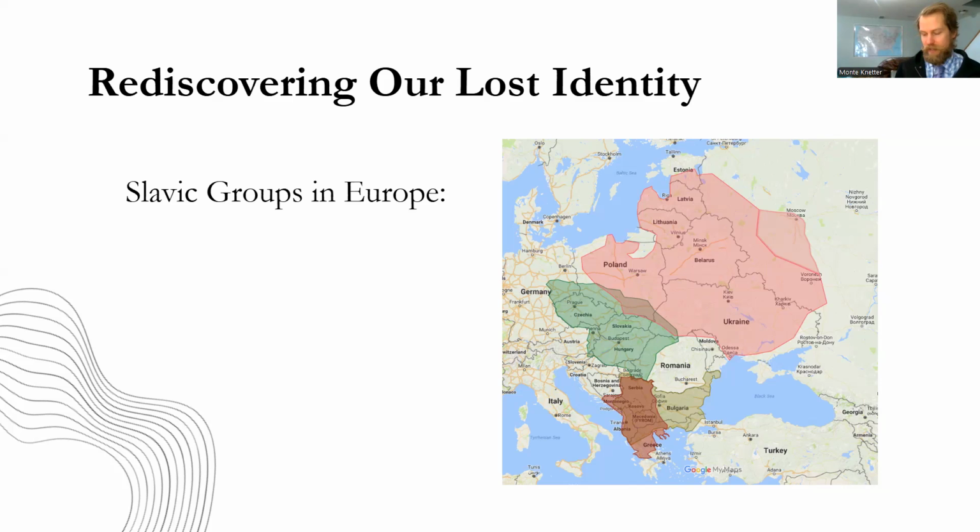Our English word slave is derived from Slav, and this isn't accidental, right? The link between Slav and the word for slavery is found in Latin, Arabic, Byzantine Greek, as well as other languages, right? In short, the Slavs were not among history's winners.